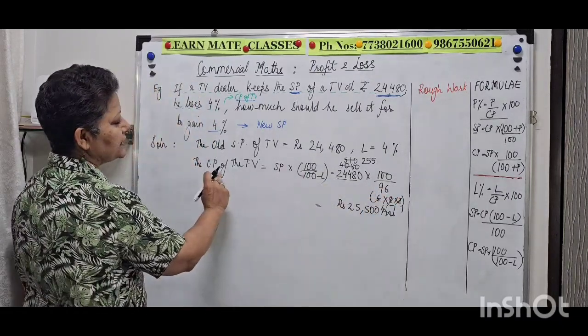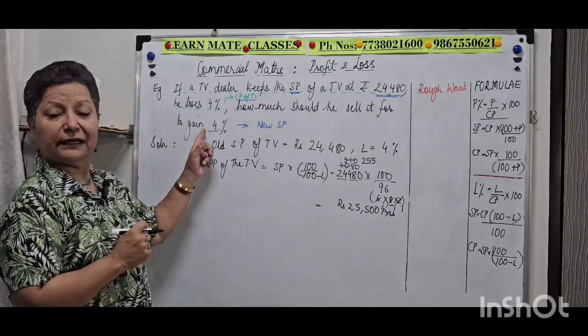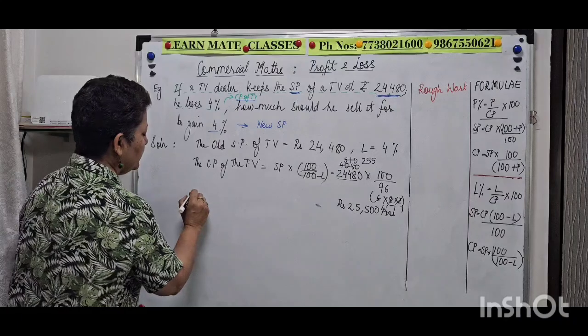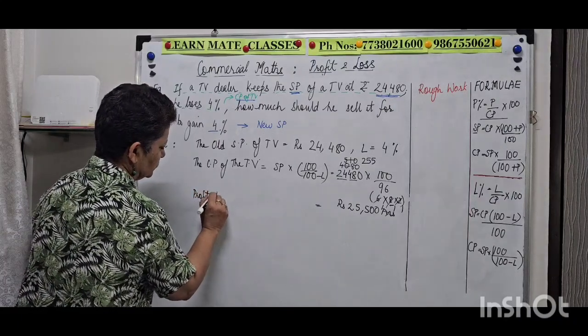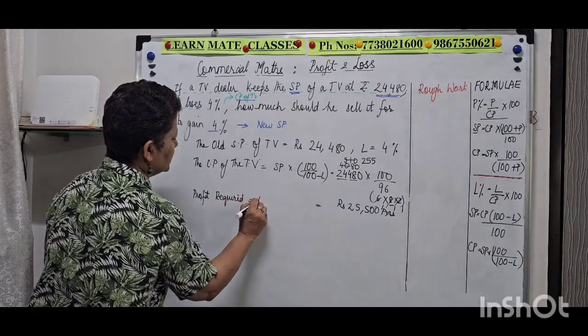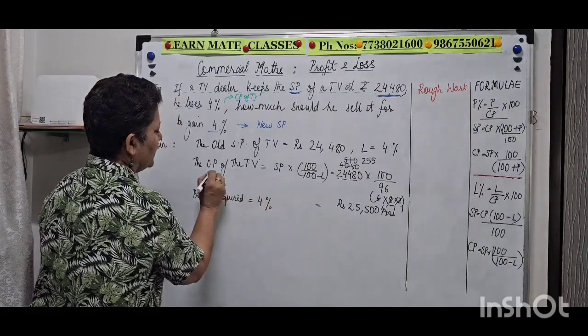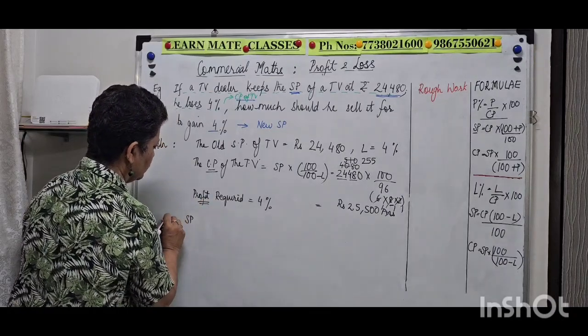Now, I know the CP of the TV is this. At this time, I need to build in a gain of 4%. Gain required or profit required is 4%. I know the CP, I know the profit, I need to calculate the new SP.